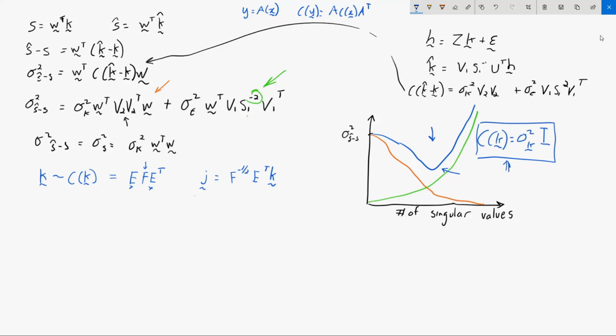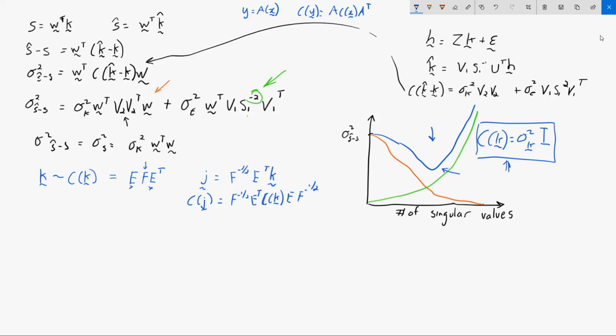I can write then the covariance matrix of J equals F to the minus a half E transpose, E, that's the covariance matrix of C_k, E F to the minus a half.